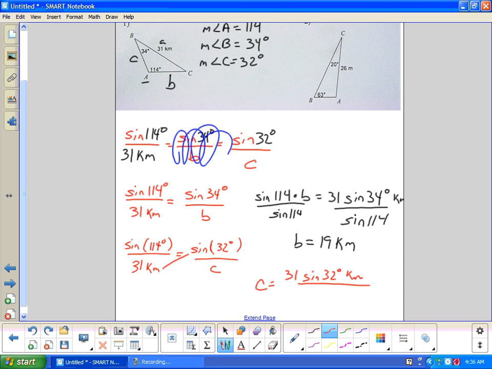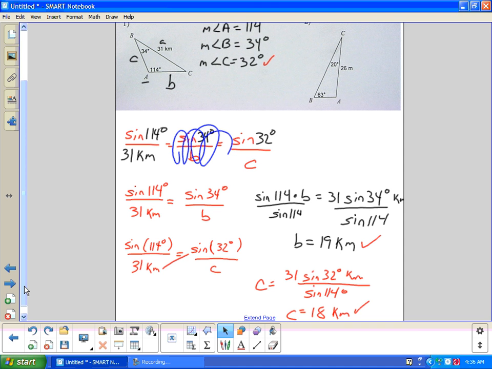But we're going to divide this time by sine 114 again. Now the only difference between these is 32 and 34 degrees, so you've got to be careful. When we do this math, you get 18.0 kilometers. And think about it, we just found the three unknowns: A, B, C.